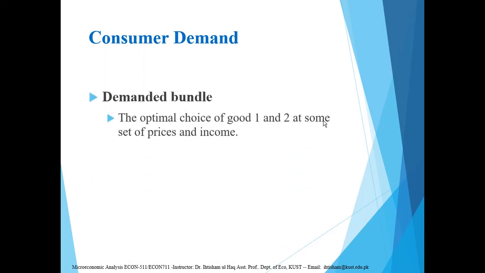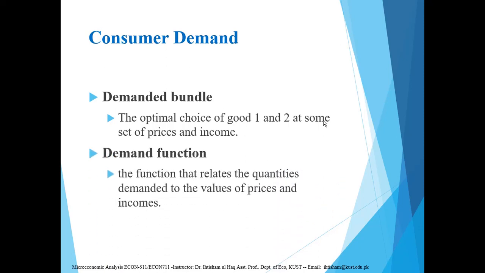The consumer's demanded bundle is the optimal choice of good 1 and 2 at some set of prices and income. Similarly, we can define the demand function, the function that relates the quantities demanded to the values of prices and incomes.